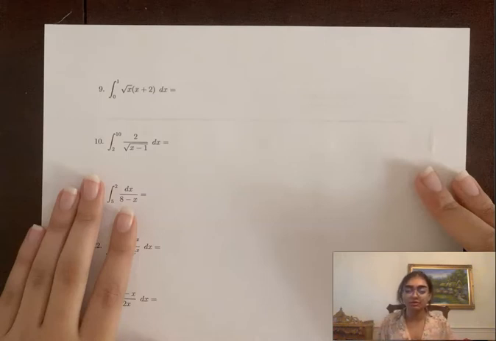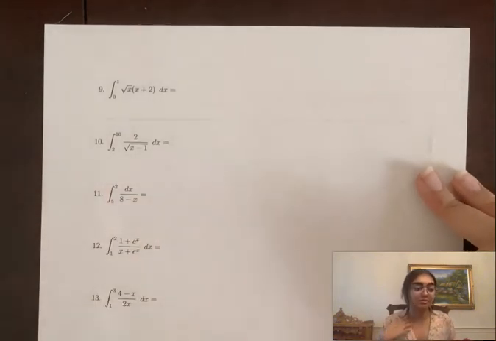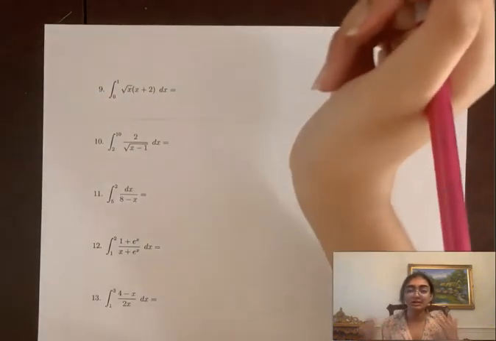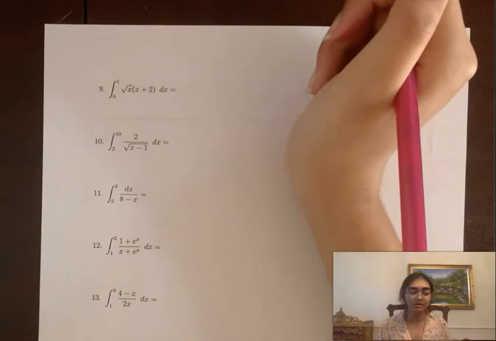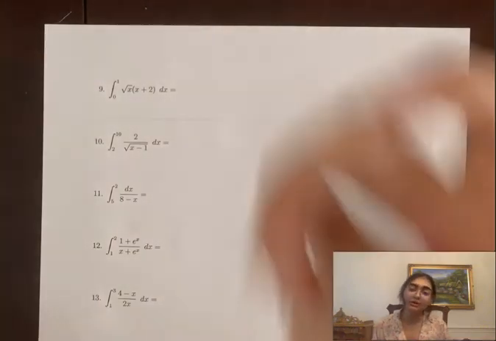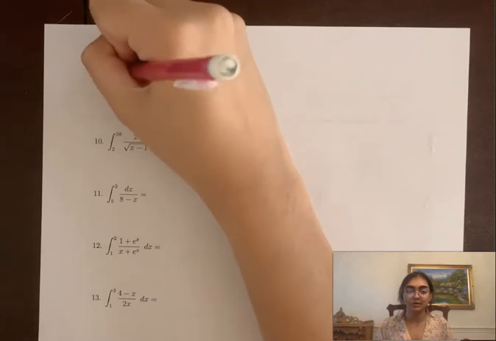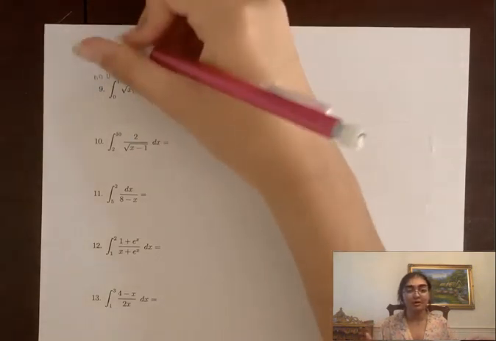And it's important to be able to distinguish when you need to take a u-sub and when you can just solve an integral using another method. So for example, number 9, at first glance, it kind of looks like you need to do a u-sub, right? But if you look a little closer at it, you realize that you don't actually need to do a u-sub in this problem. This is a no u-sub problem.